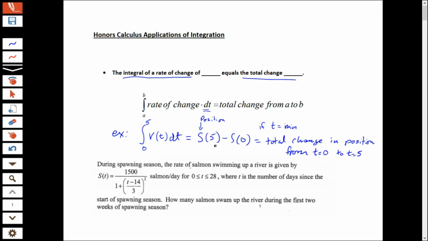That's what this integral is going to be equal to. Or if you would rather call it, it is displacement from 0 to 5, okay?